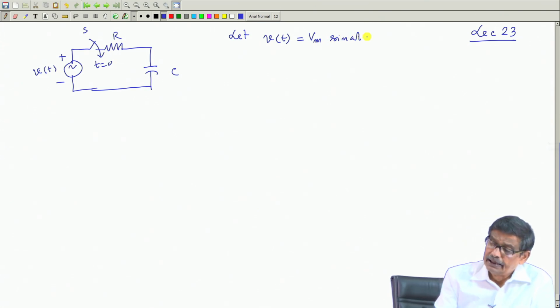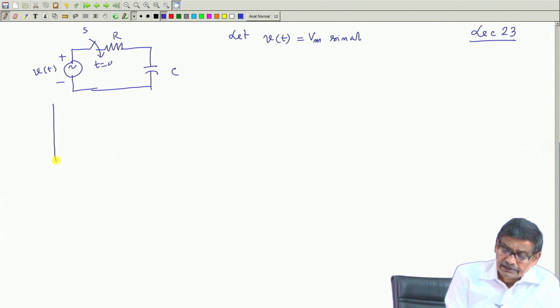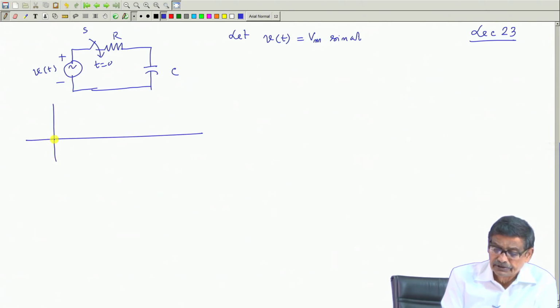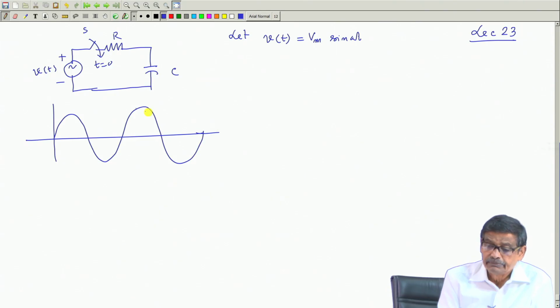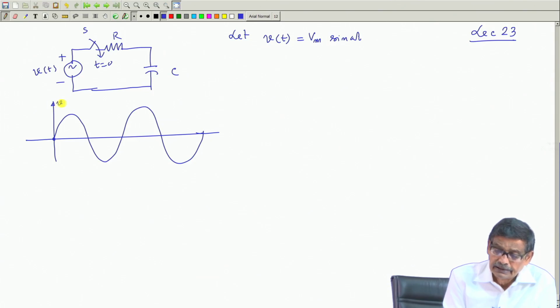This is my supply voltage, which is sinusoidally varying, and I will close the switch at t equal to 0, that is, at the point where the voltage is going through 0 towards positive. This is the instant of switching, and this is V max.